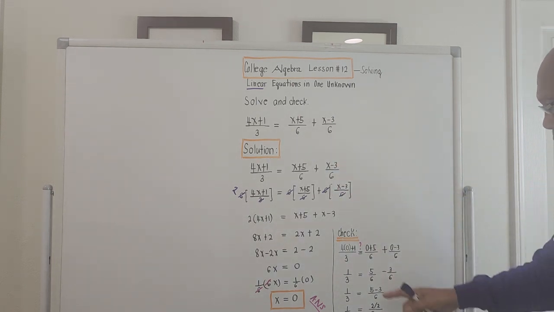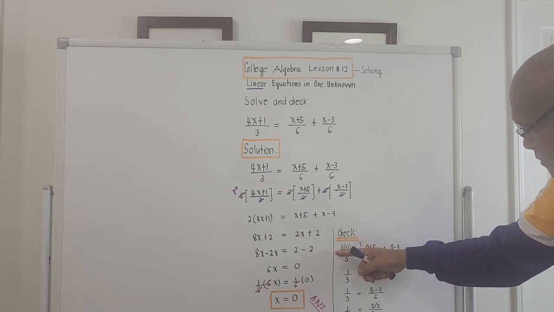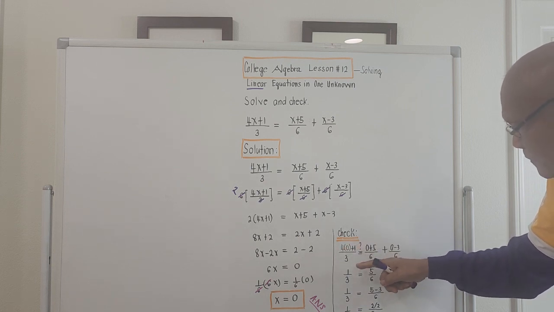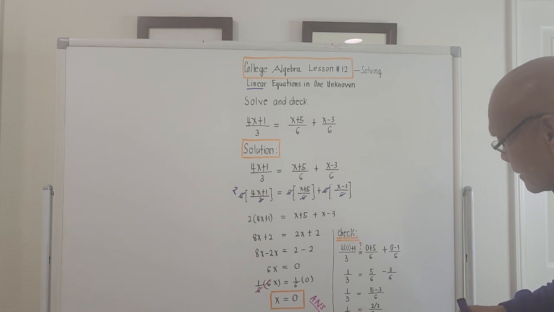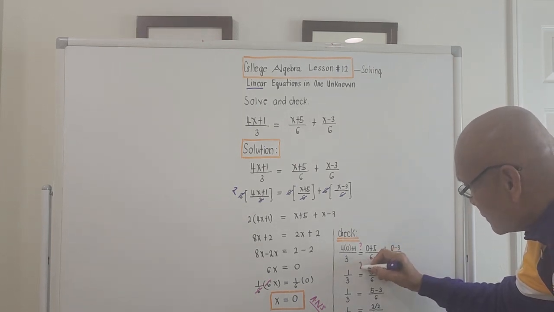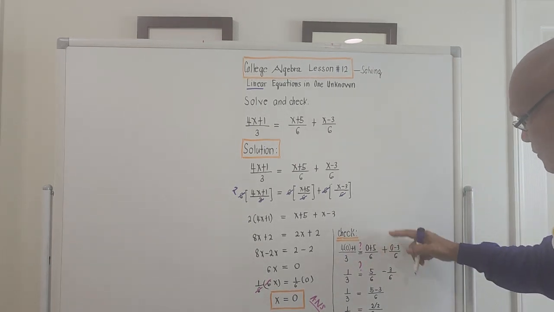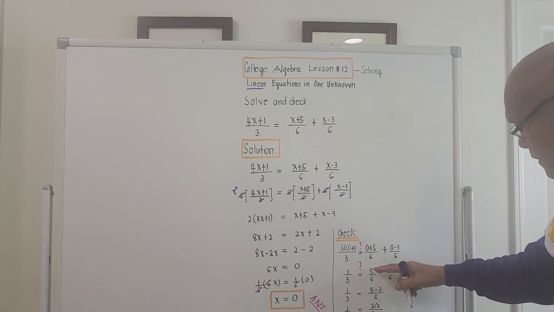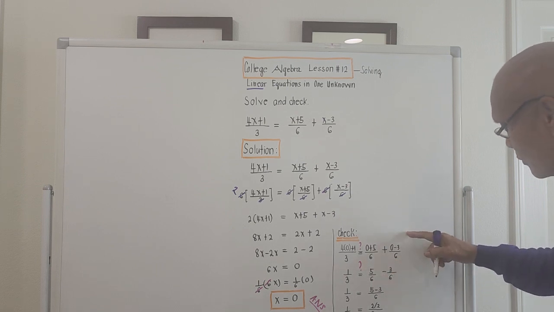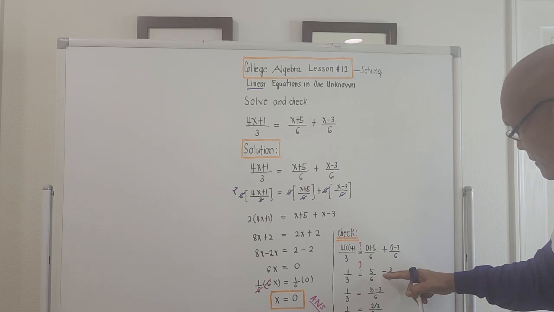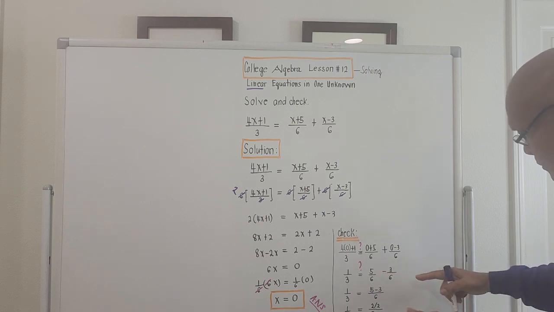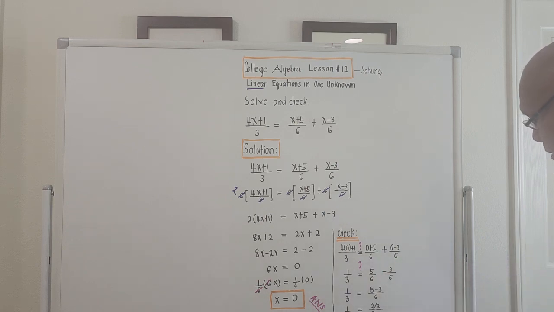Simplification. 4 times 0 is 0. Plus 1, it is plus 1 over 3. Will it be equal to 0 plus 5 is 5. So this will become 5 over 6. 0 minus 3 will just be simply the sign of the fraction now on the second term will be negative 3 over 6.